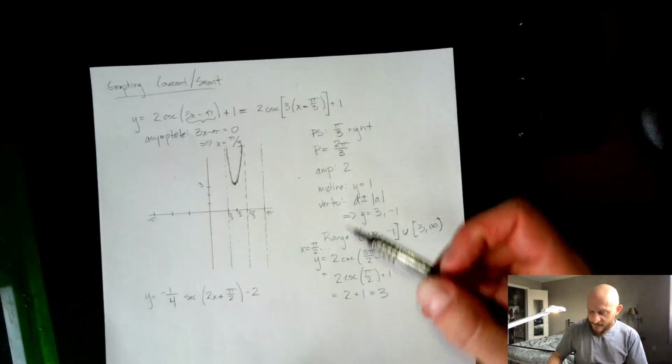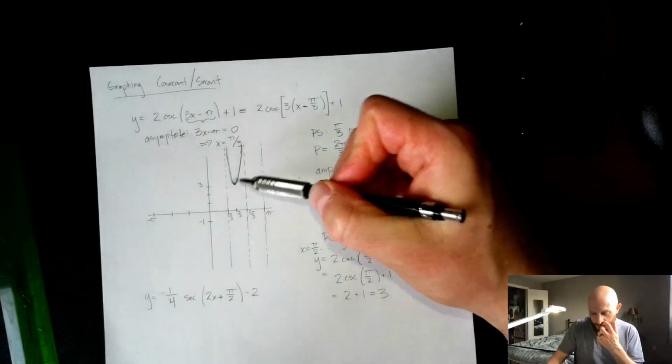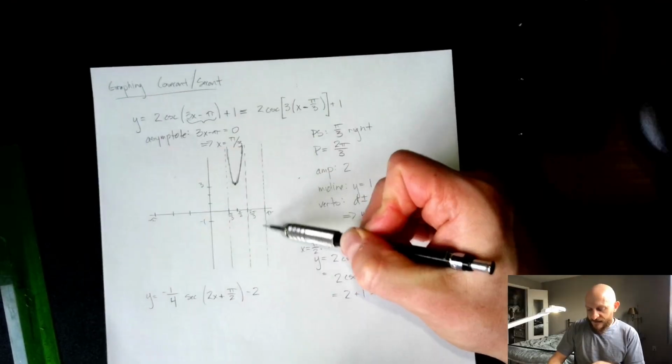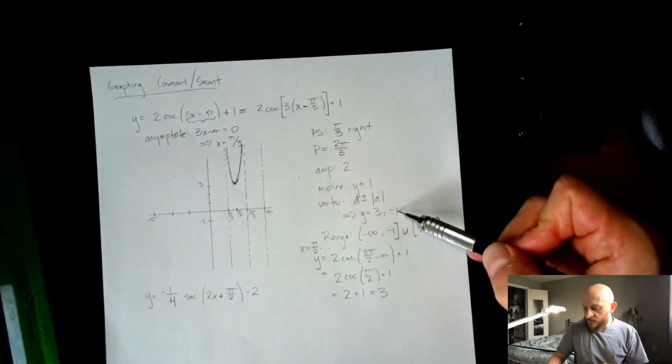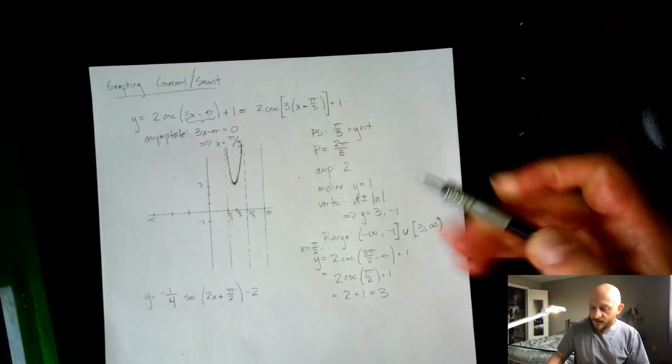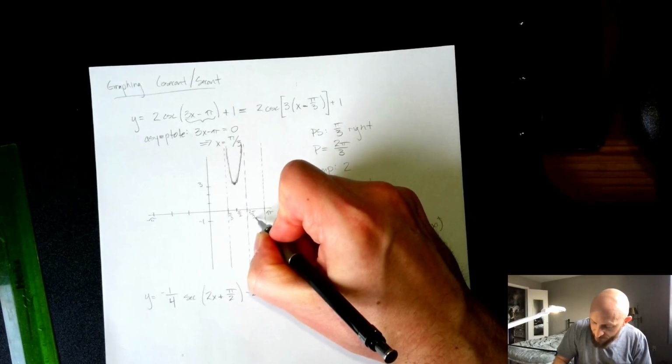All right, nice and easy though, graphing the rest of this, because I know that this next slice is going to have a downward facing u. I know that the downward facing u has a vertex at -1, and it's going to occur right at the midpoint between these asymptotes. So it's going to be right here.